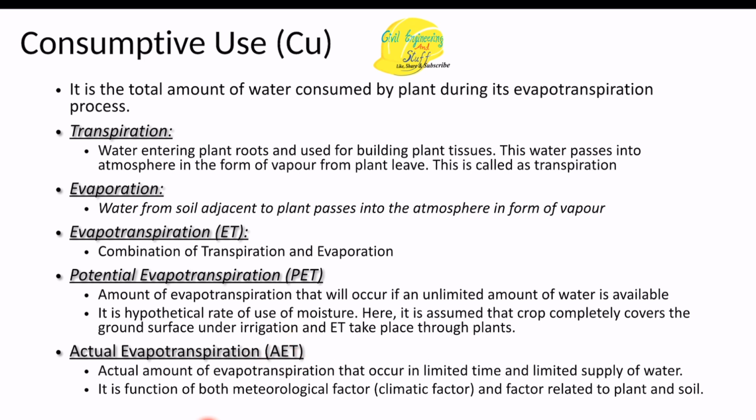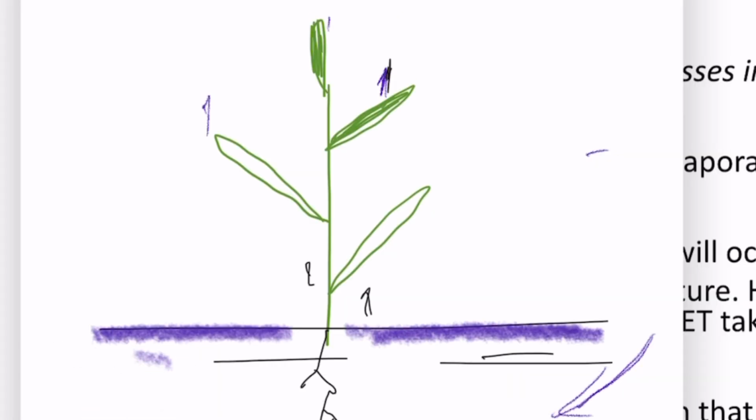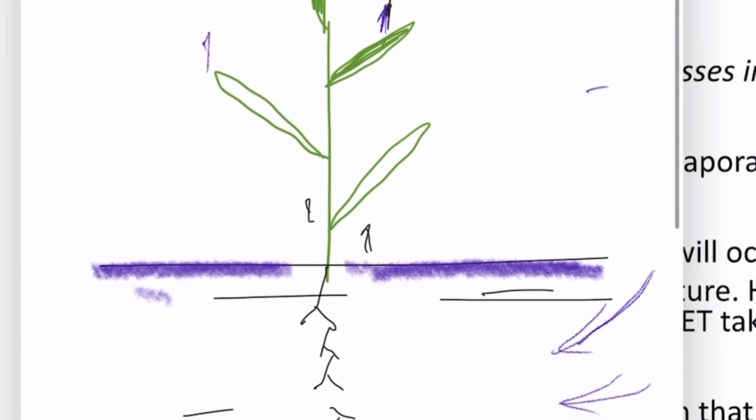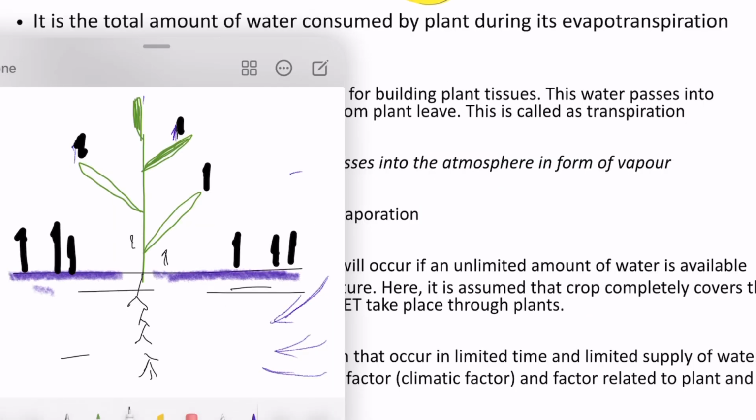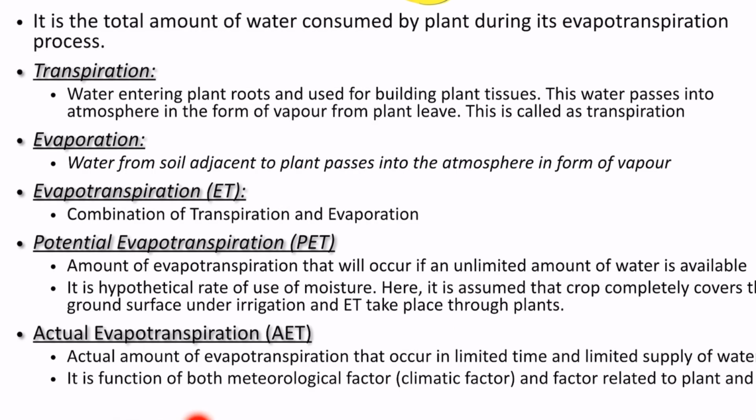Now this PET value is your ideal value, and AET, as the name suggests, is the actual value: the actual quantity of water being supplied to a plant on a realistic basis. In this scenario, whatever loss of moisture takes place through evaporation and transpiration is what we call the actual evapotranspiration.